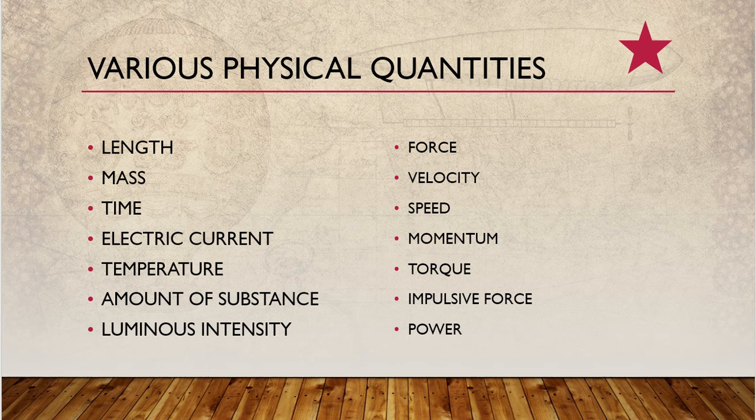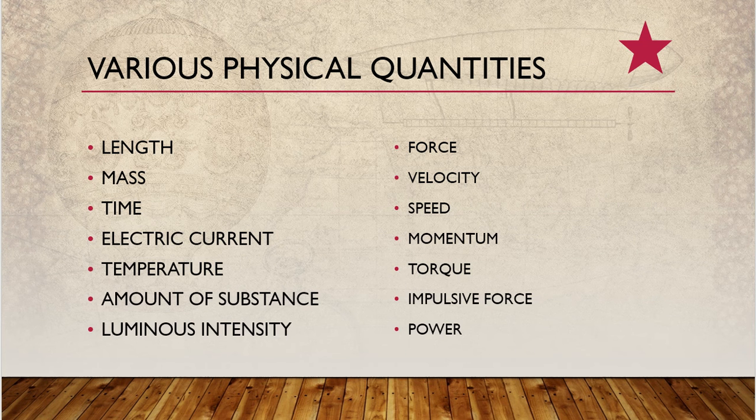On the left side, I have mentioned length, mass, time, etc. So these are the fundamental physical quantities, which means that these physical quantities are independent of each other. They do not depend on any other physical quantities. Hence, these physical quantities on the left side are known as fundamental or base physical quantities.